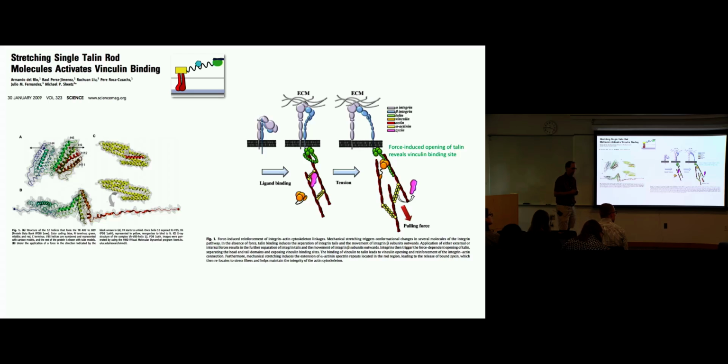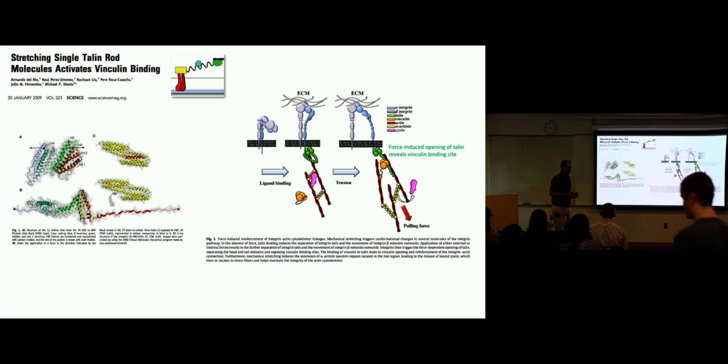So where's the pulling force in a cell, not specifically this, where would a pulling force come from? Wouldn't you expect the pulling force to be from the matrix? So where does the pulling force come from, right?